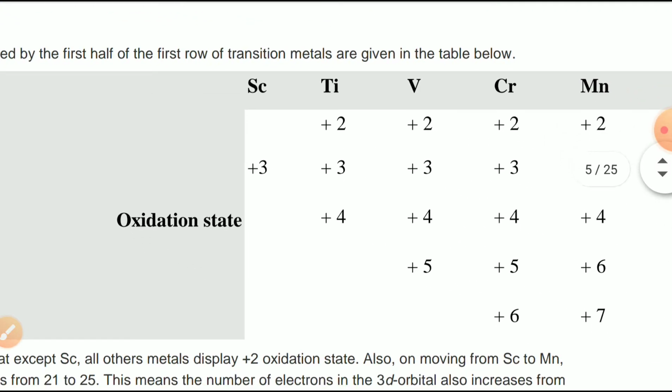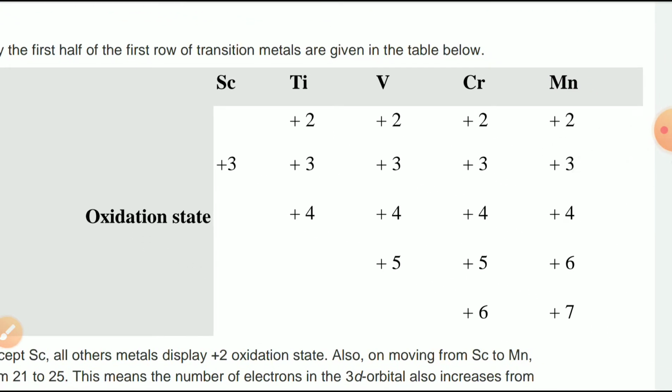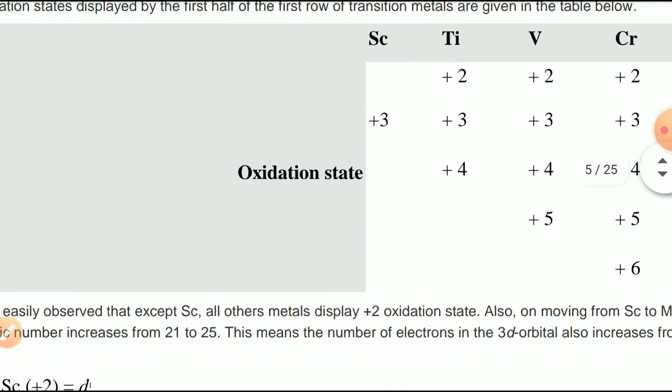Scandium +3 state; titanium +2, +3, +4 state; vanadium +2, +3, +4, +5 state; chromium +2, +3, +4, +5, +6 state; manganese +2, +3, +4, +5, +6 and +7 state.